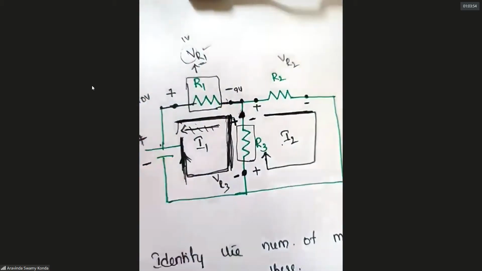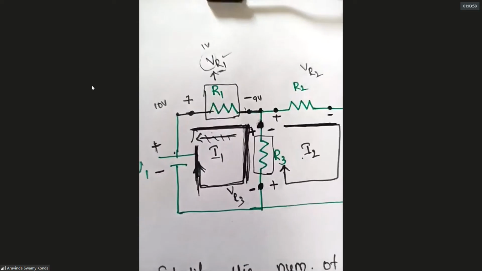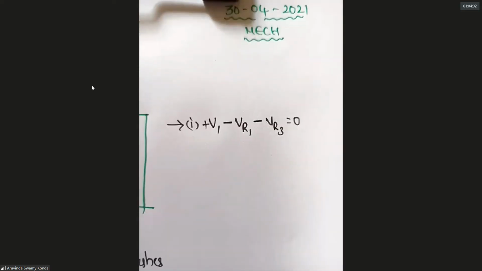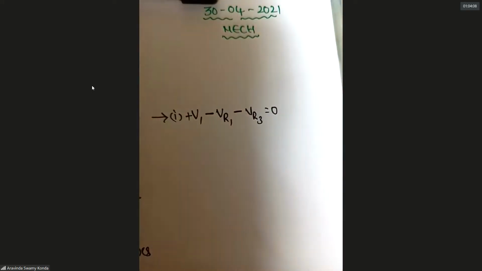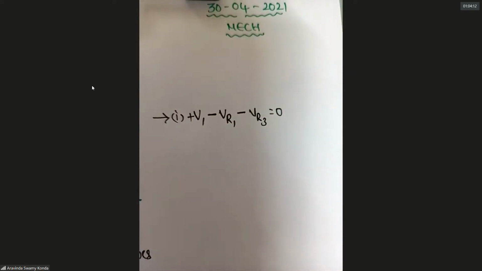So what sign do you give? Plus, sir. So see here: V1 minus VR1 minus VR3 equal to 0.